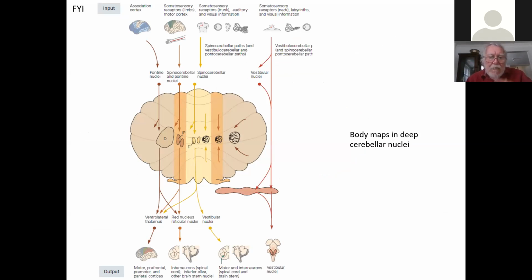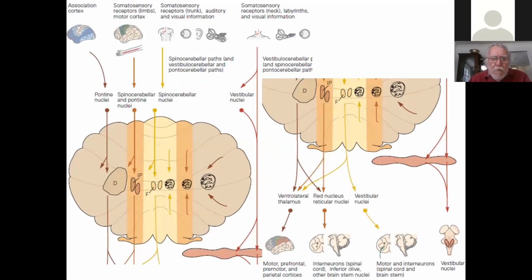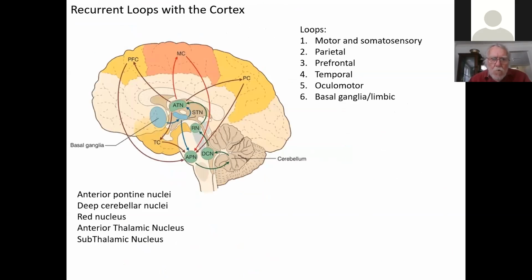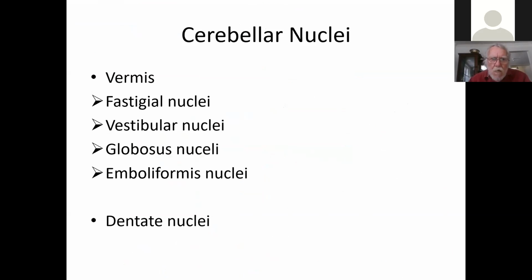Okay. So now we basically start to look at a series of the deep cerebellar nuclei. Here are the deep cerebellar nuclei. I should have rechanged these things. The four deep cerebellar nuclei are in pairs.